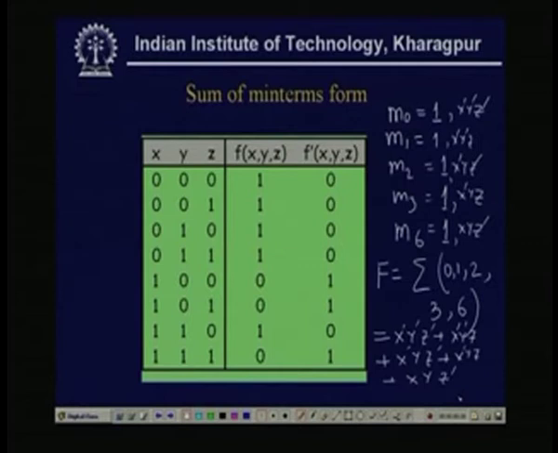Now, if we take the f complement, see here only m4, m5 and m7 exist. So, f' will be sum of 4, 5, 7.